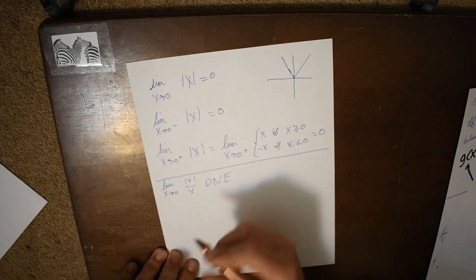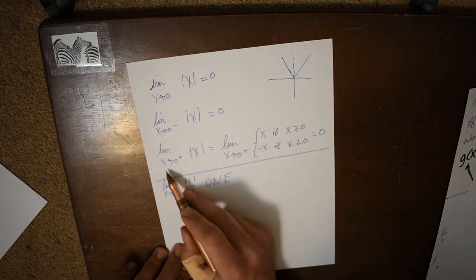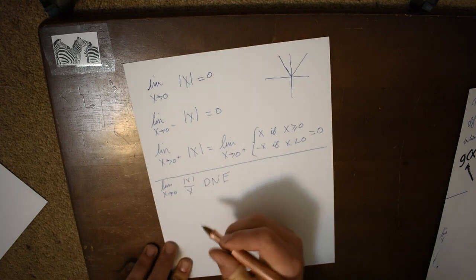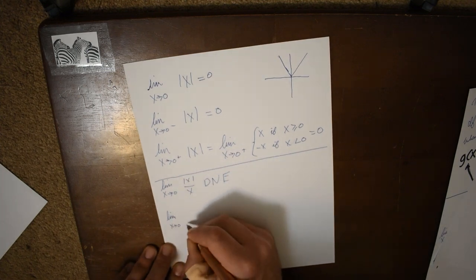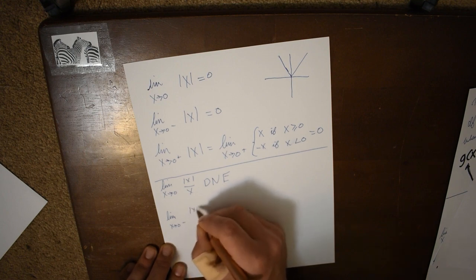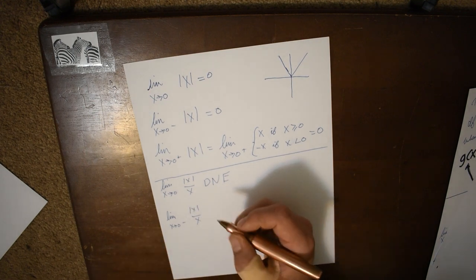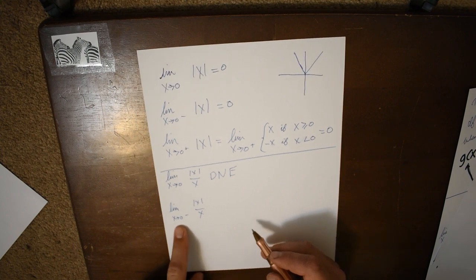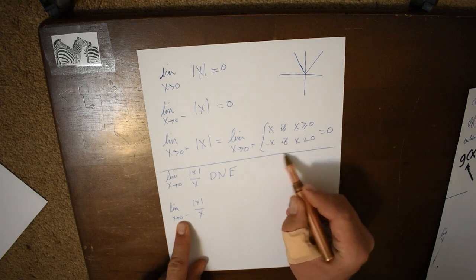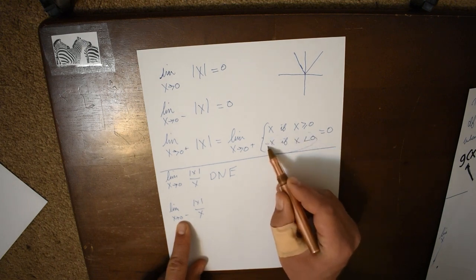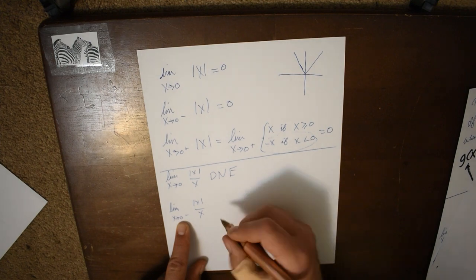To show that the limit doesn't exist, we need to take the limit from the left and from the right. The limit as x approaches 0 from the left of the absolute value of x divided by x. Well, x is always going to be a negative number.